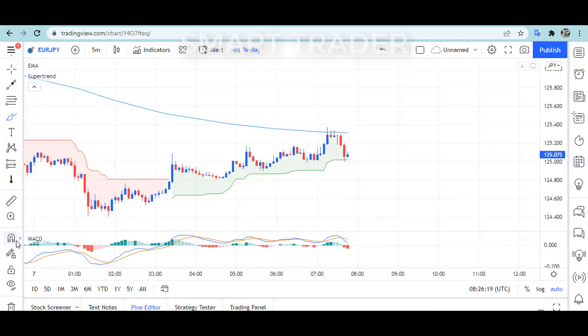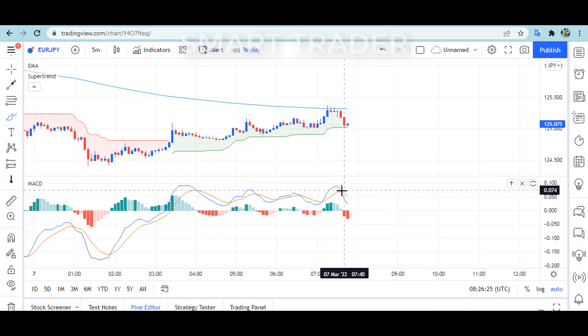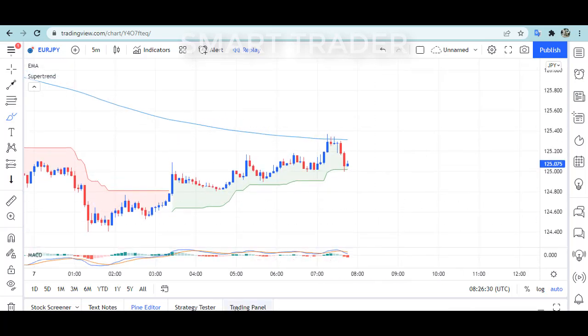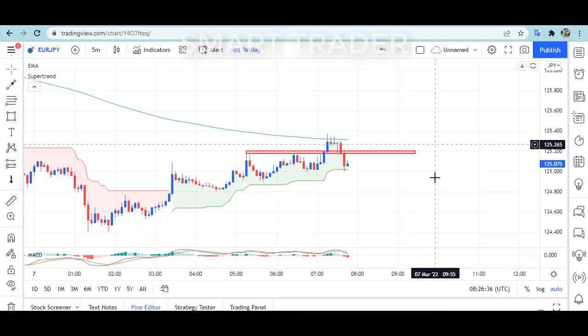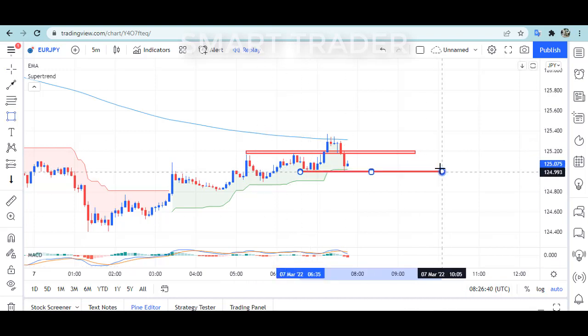You can also use the MACD signal when the blue line crosses the yellow line to identify a range high or low. So maybe there is a trading range.